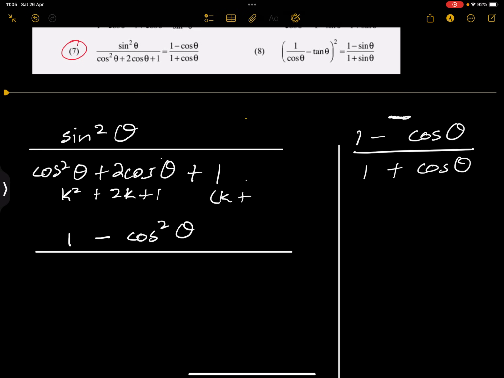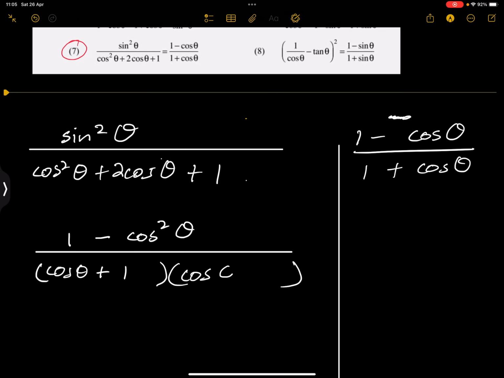It would be k plus 1 times k plus 1. So it does look like we can factorize that. When we factorize it, it would be cos theta plus 1 times cos theta plus 1. Nothing wrong if you said cos theta plus 1 all squared.